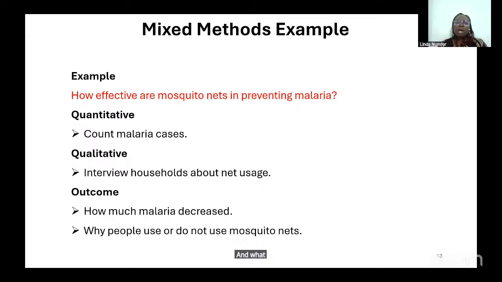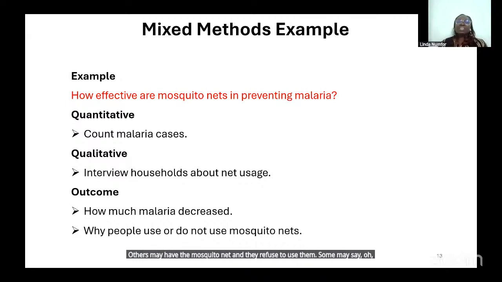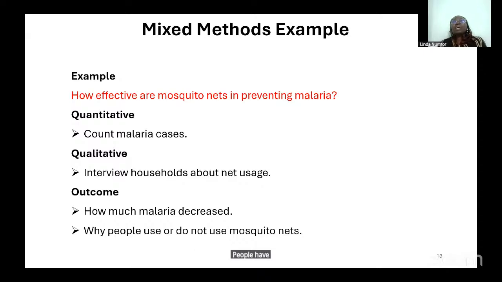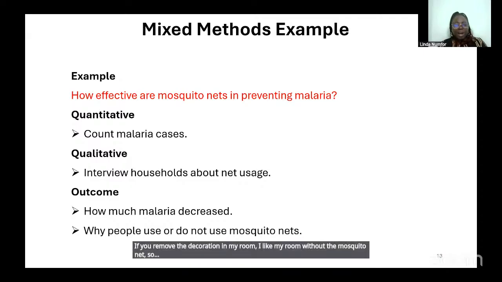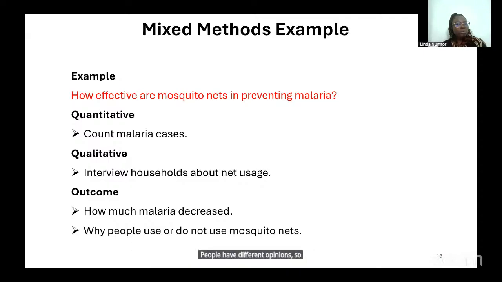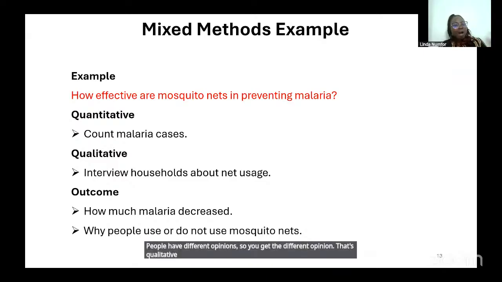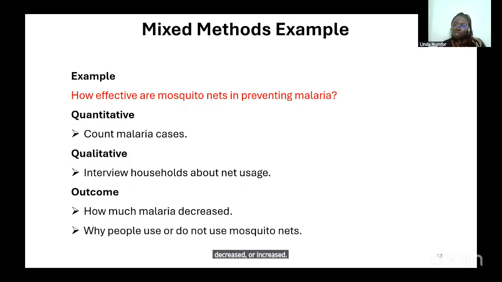And what is your opinion about using mosquito nets? Others may have the mosquito nets and they refuse to use them. Some may say, oh, it increases heat, I don't have AC. Or some may say it is not aesthetic, it removes the decoration in my room, I like my room without the mosquito net. So people have different opinions. That's qualitative. And now the outcome will be how much malaria decreased or increased with those using mosquito nets.